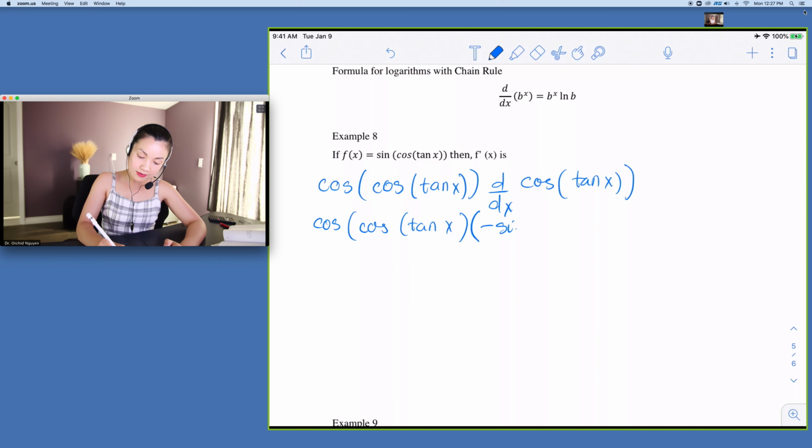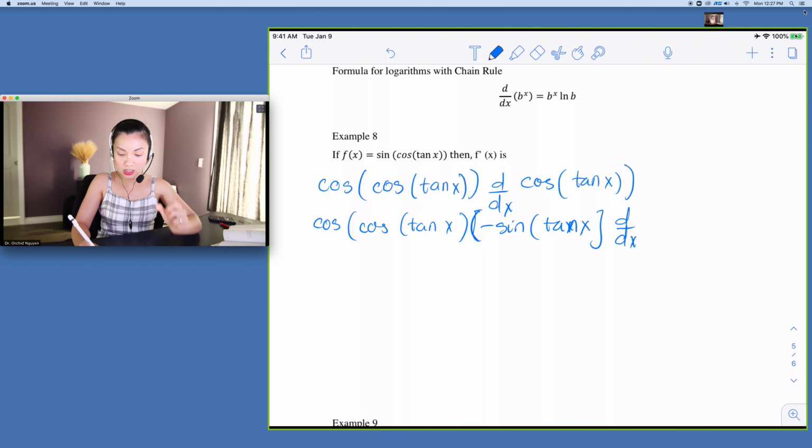Which is negative sine of tangent of x. And then you have to take the derivative of the inner, which is tangent of x.